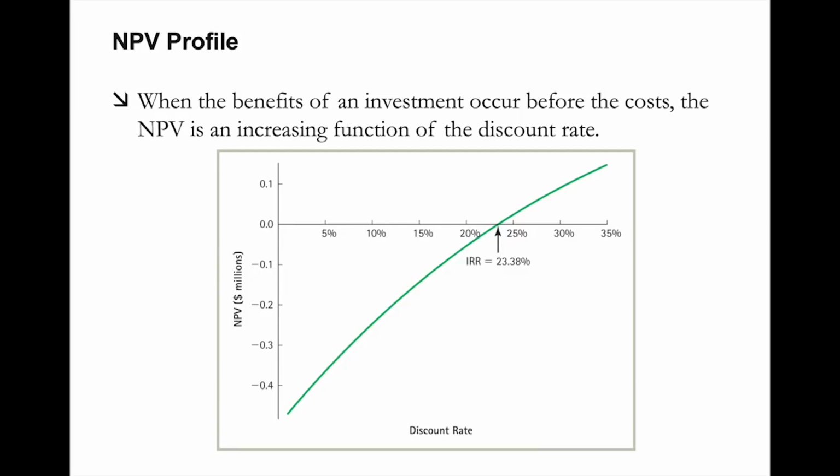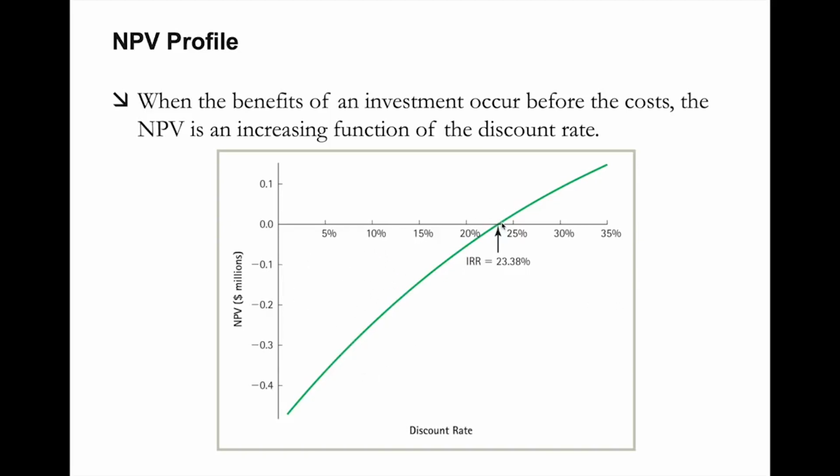And it essentially shows us immediately why the internal rate of return rule has failed. Just having a look at this graph, we can see that if our discount rate is less than the internal rate of return, we should reject the project because our NPV will be negative. Our NPV will be down in this negative area.